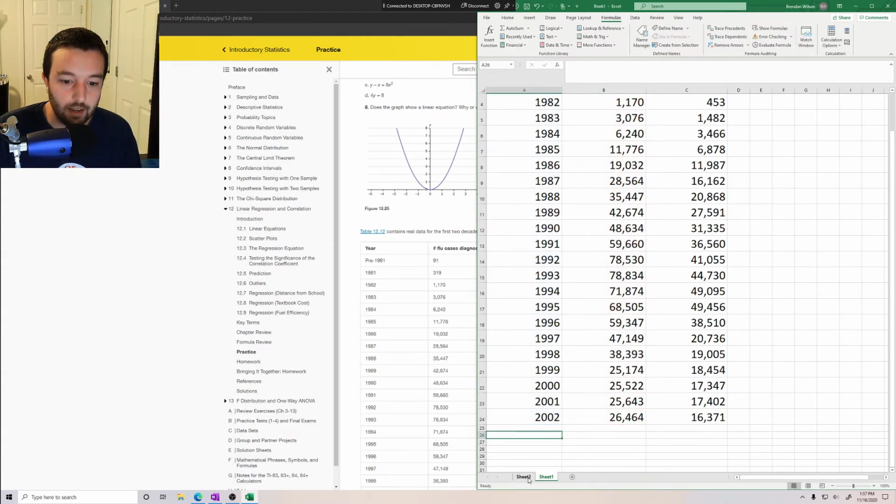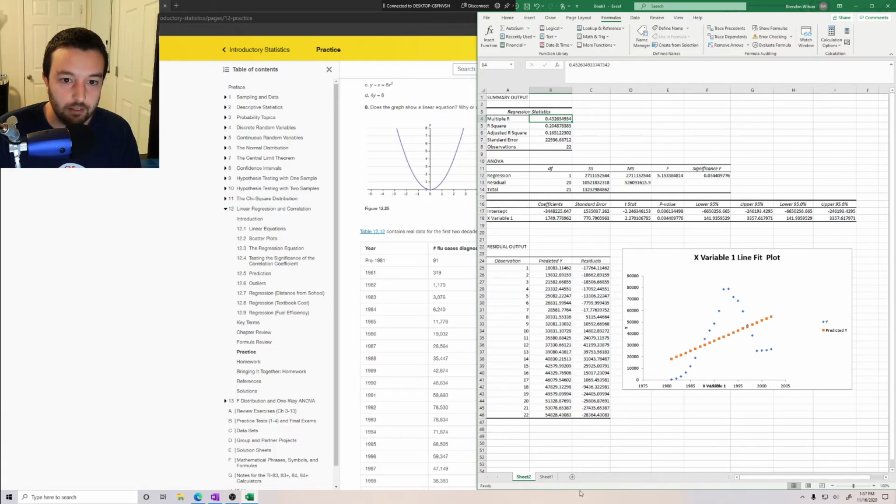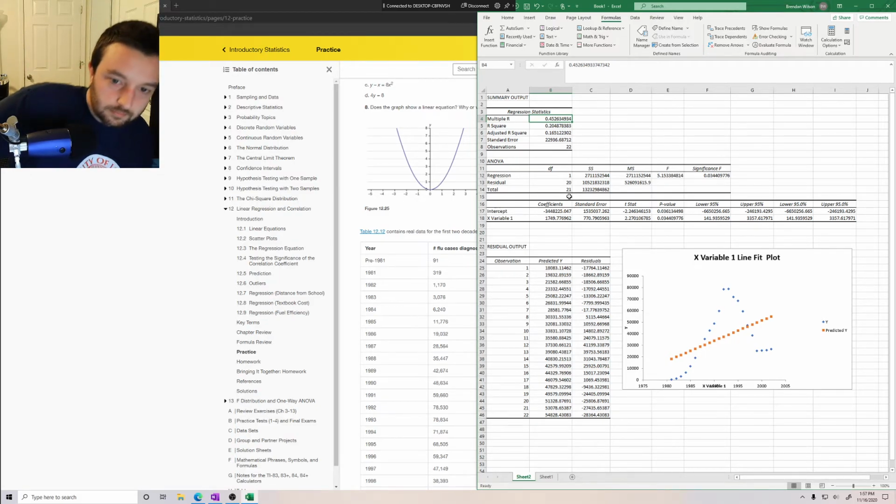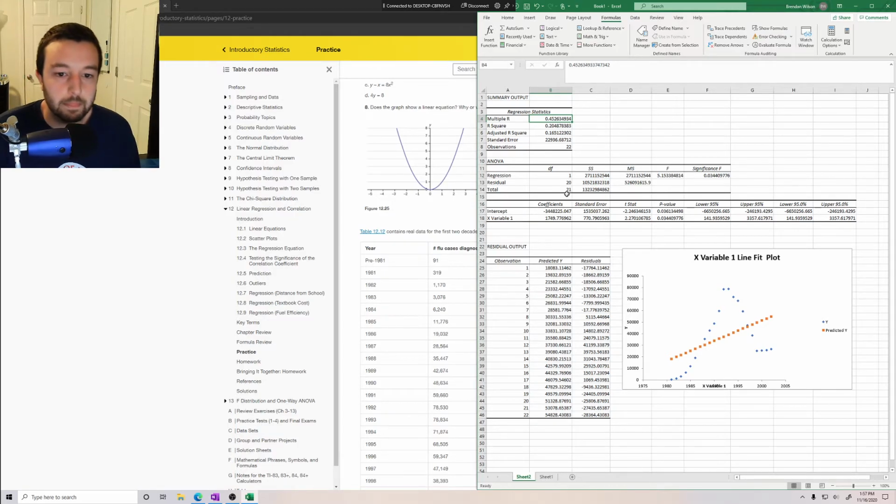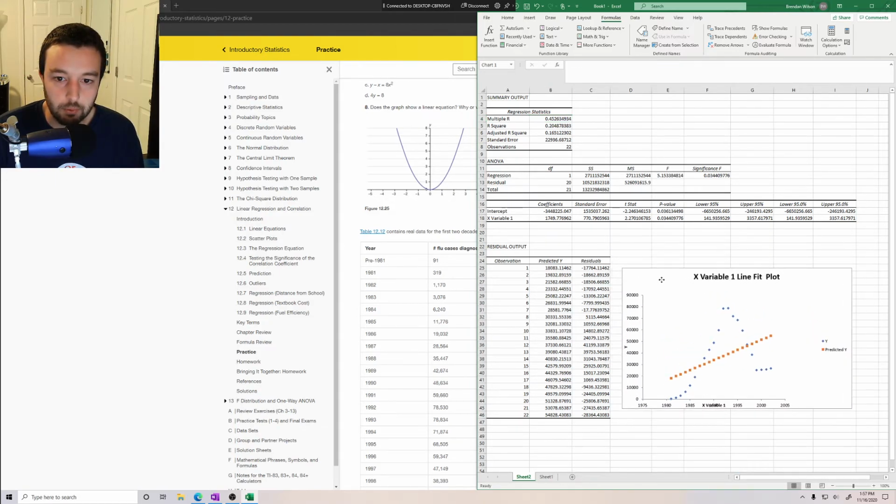If you wanted to actually find the regression line, notice it doesn't actually give it to us here, right? I think most of the information is in here. You just kind of have to dig it out. It plotted it for us, so it's not really important to actually have the formula.